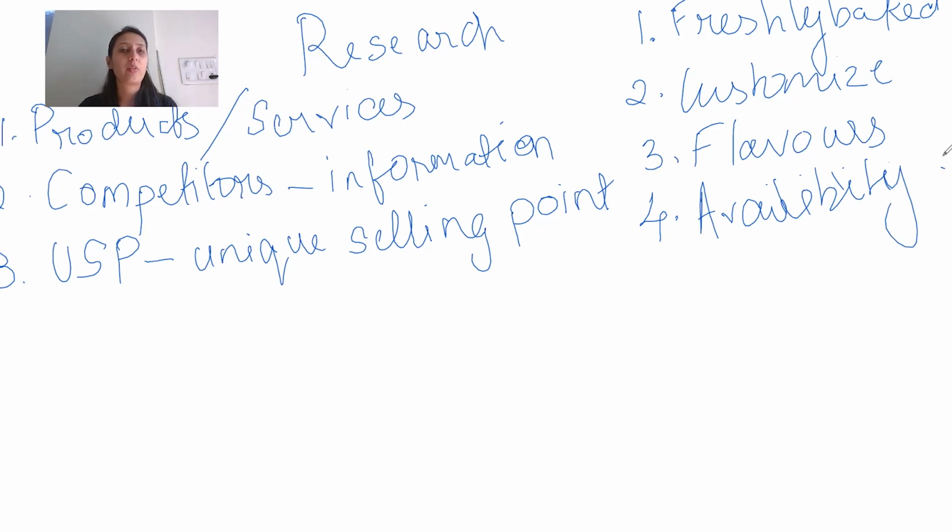All of these are the selling points of my product. So USPs are very important in my research process. Now, USPs of whom? For the brand for which you are making the logo, for that the USPs are required.